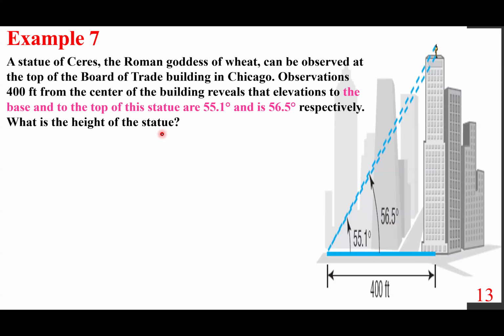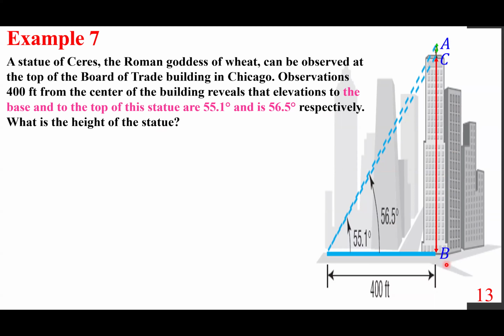What is the height of the statue? So let's set it up. First and foremost, this is the height of the building. Then at top, we have a statue, okay? And so let's say this is A, the very top of the statue.